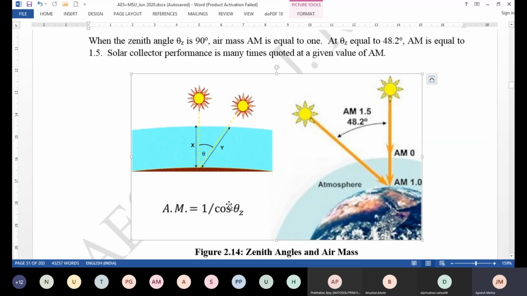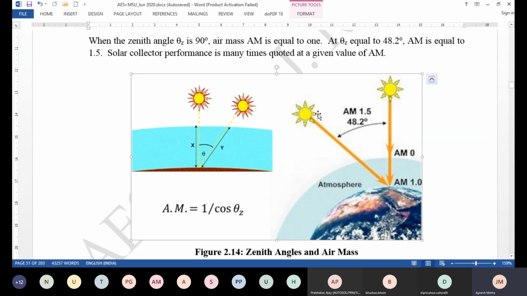So 1 upon cos theta z, or sec theta z, would give you the value of air mass. If the angle is, let's say, 48.2, then the ratio y upon x would be 1.5. So it is called air mass 1.5.